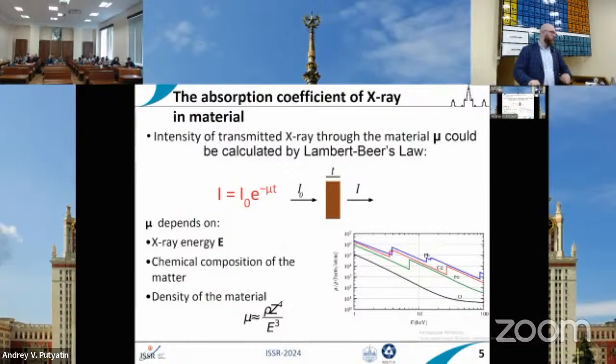If we are talking about measuring the intensity of the X-rays that go through the sample, then there is a simple law of absorption of any electromagnetic wave. You've seen this equation several times already when we spoke about the attenuation of gamma quanta, or probably you know this law, the Lambert-Beer law, from spectrophotometry, just UV spectrometry.